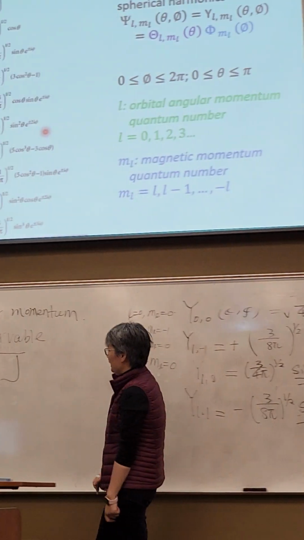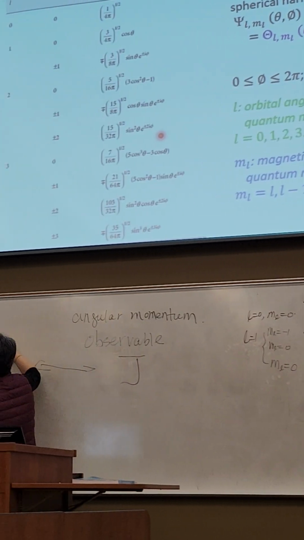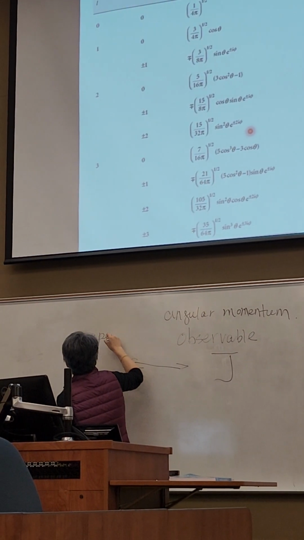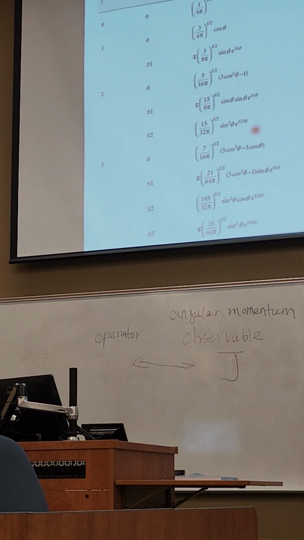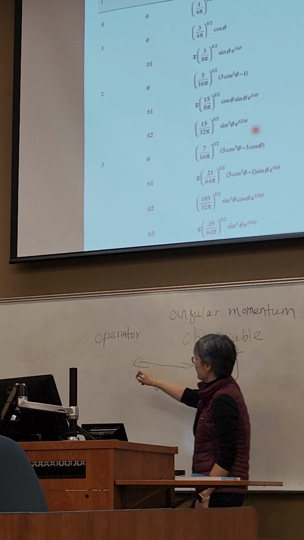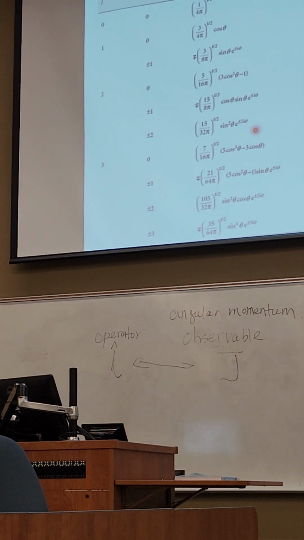Now, if we want to make it the operator, what symbol do we use? We use L with the operator notation. So observable use a J, operator use an L. Okay, clarify this.